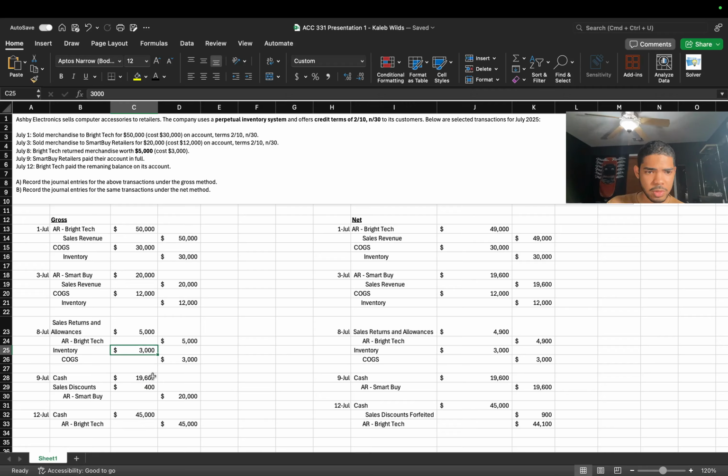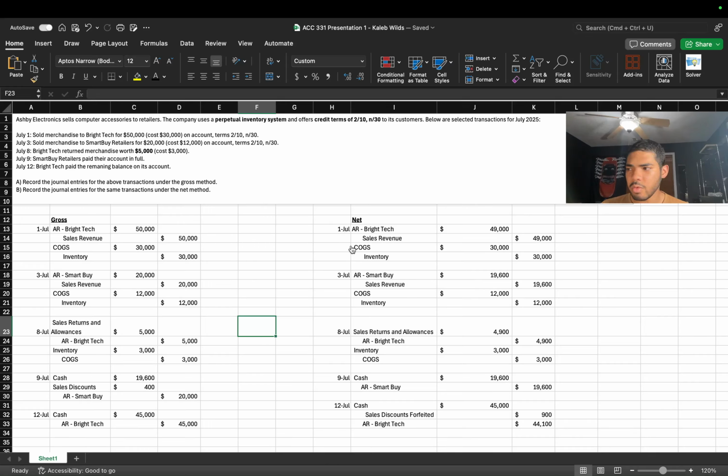So we reduce our revenue later, versus the net, you start off with the lower revenue stream, but you get to add that back under the sales discounts forfeited. So the gross, higher revenues at the beginning, you take away from it, versus the net, lower revenues in the beginning, but you get to add to it later.